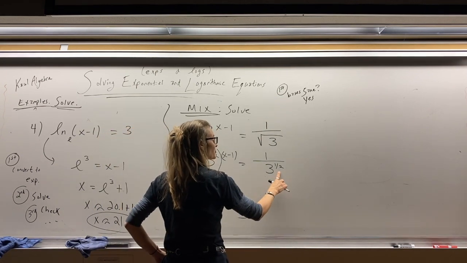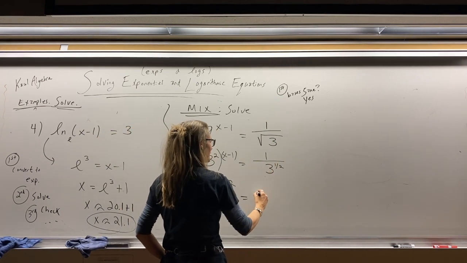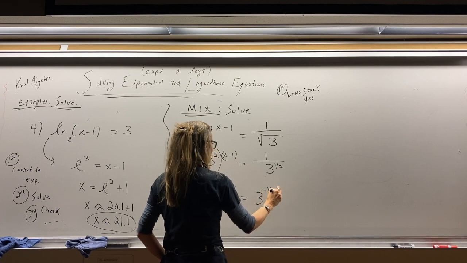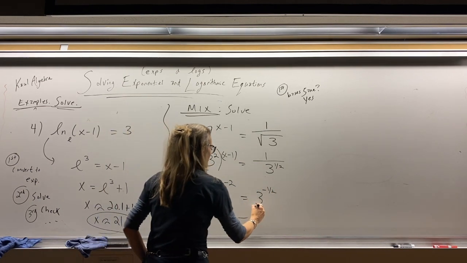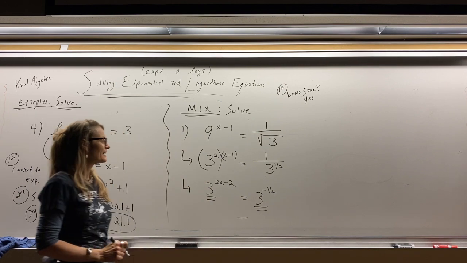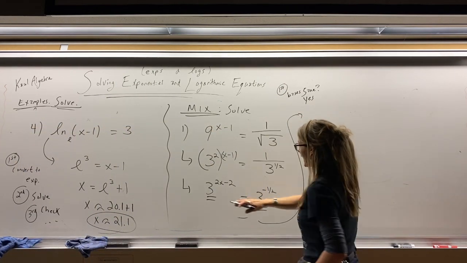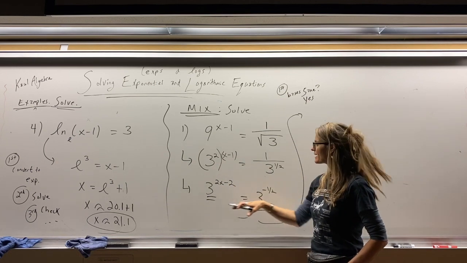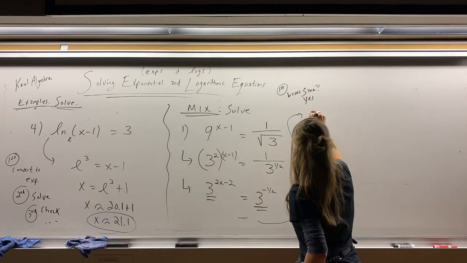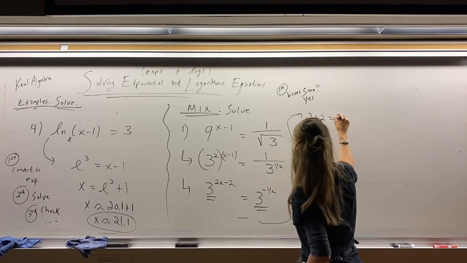And here I bring this to the numerator and I get 3 to the negative 1/2. And now my exponents must be equal because my bases are the same. So now I have 2x minus 2 equals negative 1/2.